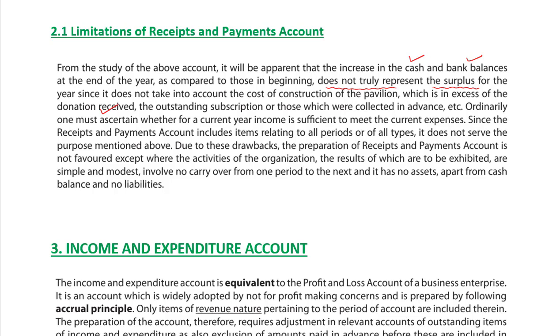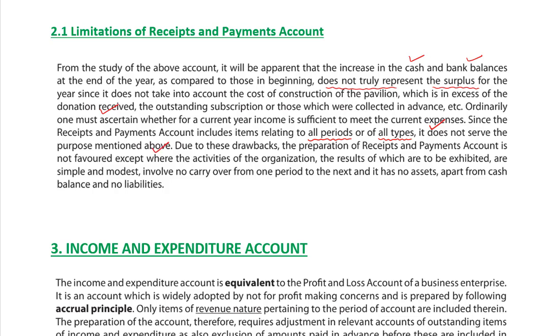Ordinarily, one must ascertain whether for the current year income is sufficient to meet the current expenses or not, since the receipts and payment account includes items of all periods: previous period, future period, and current period, and all types, revenue and capital. It does not serve any purpose mentioned above.